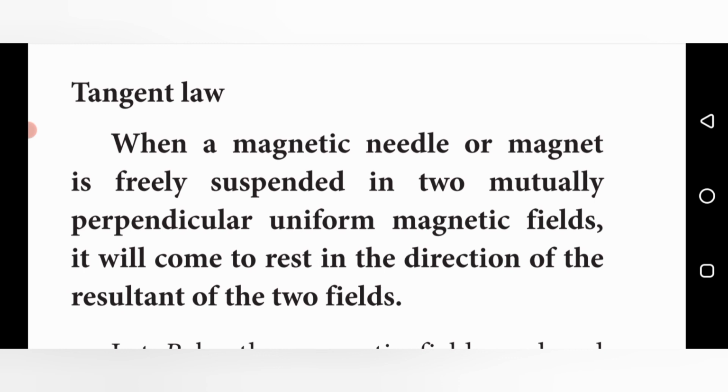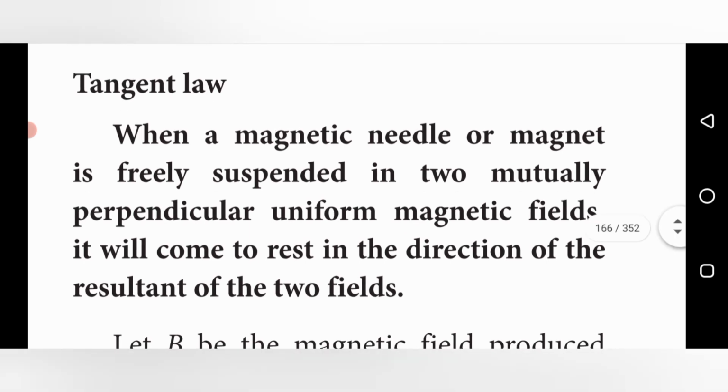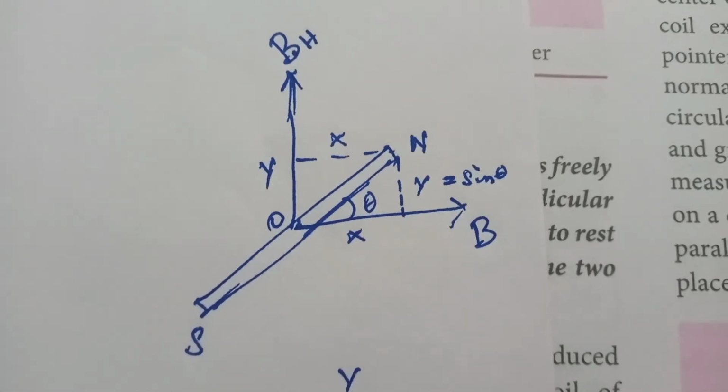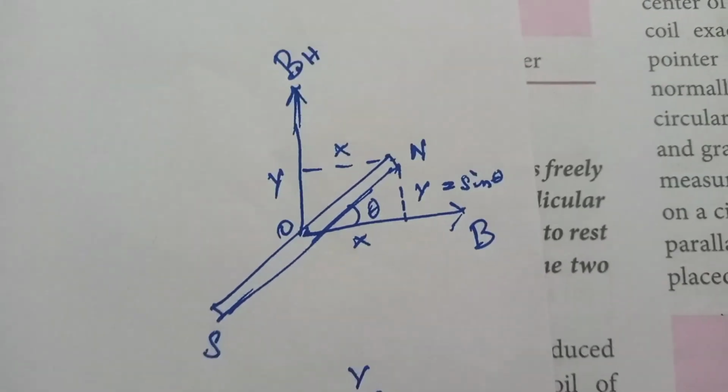Here also we have to use two fields: one is the magnetic field of the magnet, and the other is the Earth's magnetic field. It arranges itself in the direction of the resultant of the two fields. Here I explained the tangent law.